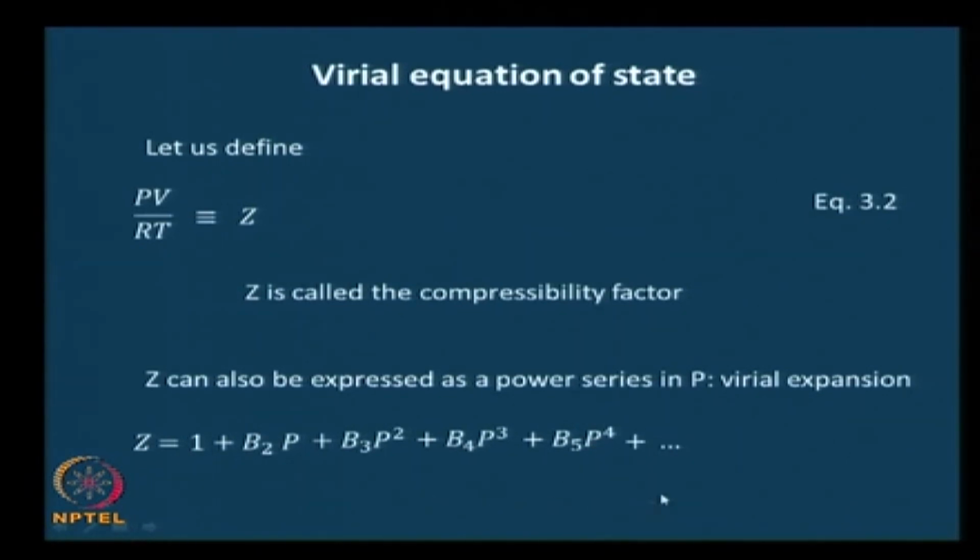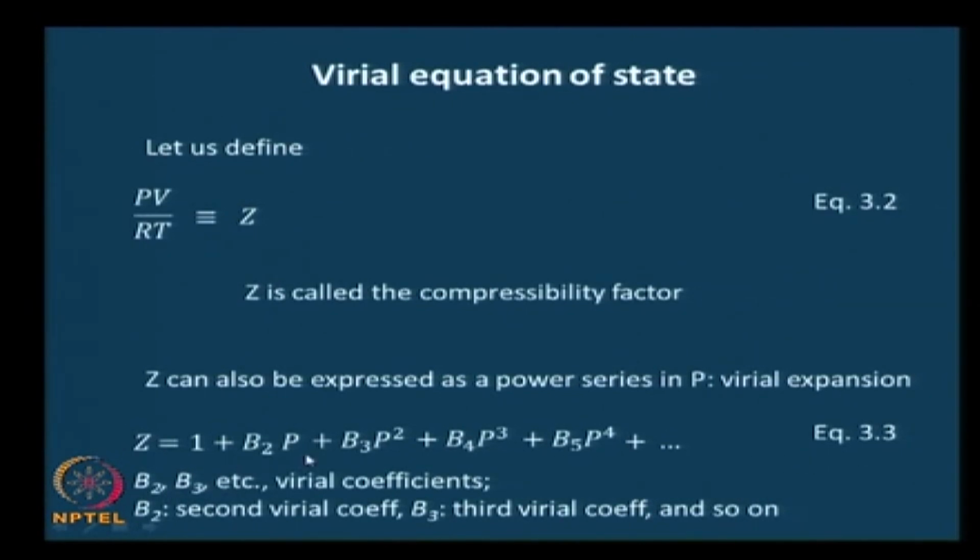This is the power series expansion in pressure, and this is called the virial expansion or virial equation of state for the particular component. The particularity of the gas comes about through B2, B3 and so on, as I will explain in a little while. We will call this equation 3.3.